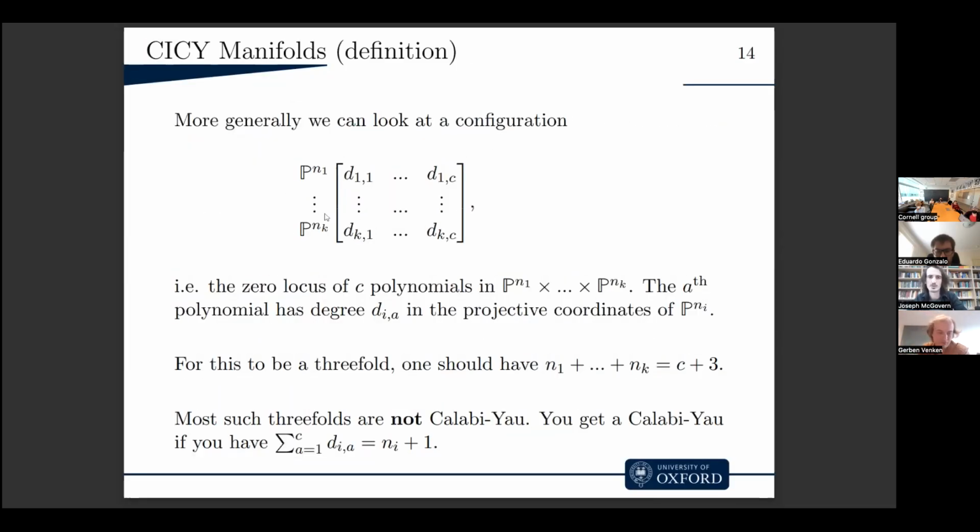Now, if we have one of these, there's going to be a second cohomology on this space, and inside that second cohomology will be the pullbacks of the Kähler classes on each of these factors. So there's going to be at least k elements of that second cohomology in a basis for it. But you could well have more, and I'm going to ignore those cases.